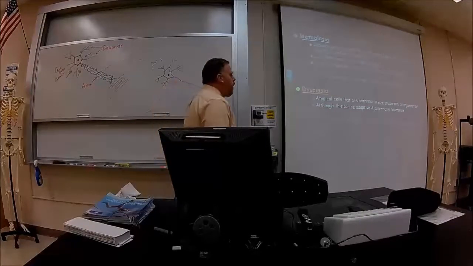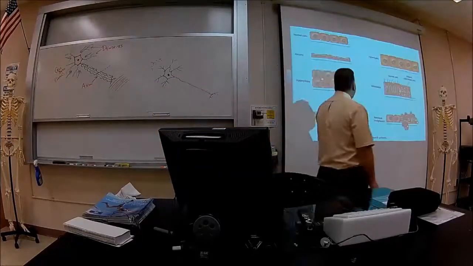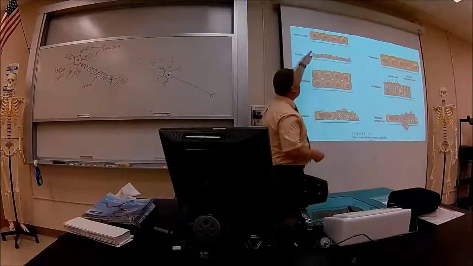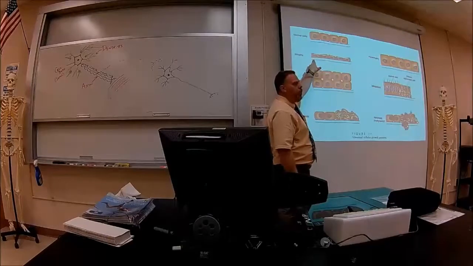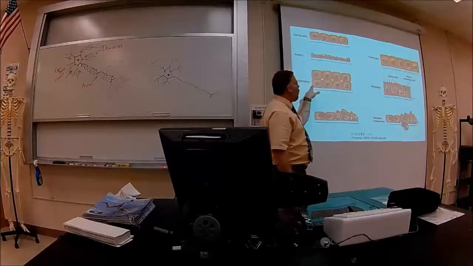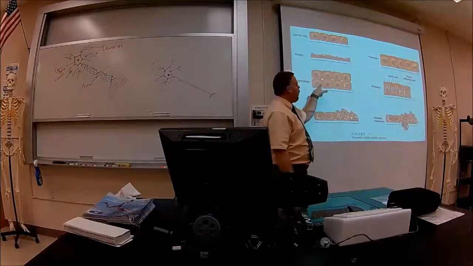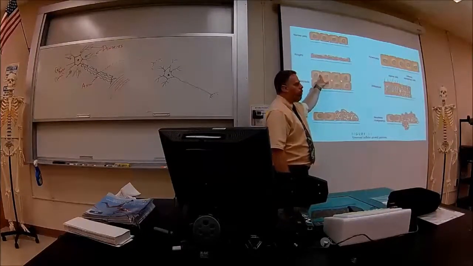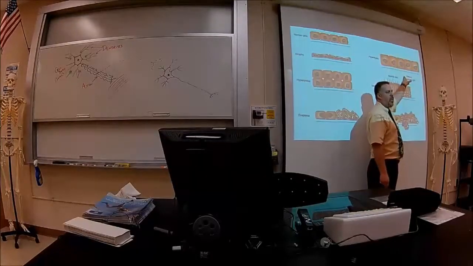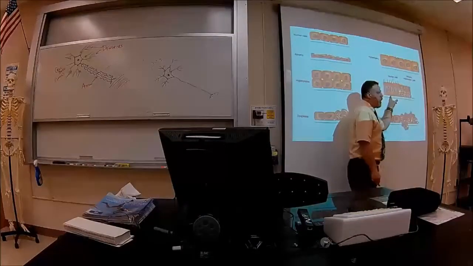So what's happening here is this. These are normal cells up there. Here's atrophy. You decrease in cell size and cell number. Here's hyperplasia, where you increase in cell number. Here's hypertrophy, where you increase in cell size. This is metaplasia.